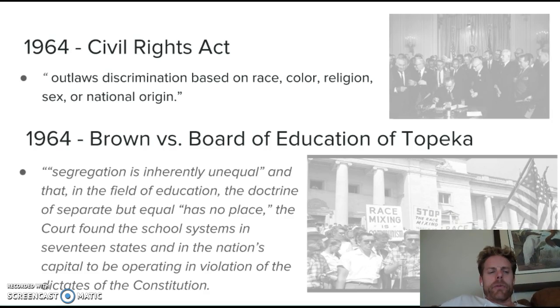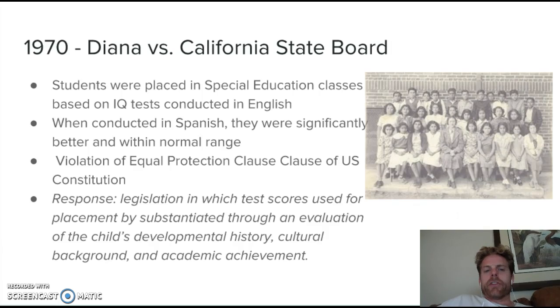The next up, and this one was actually kind of new for me, was Diana versus California State Board. And it's surprisingly early in the U.S. system of education, especially considering how relevant it is today. Basically, what happened in this was that students, mostly Chinese American and Mexican American students, were tested for special education classes in English. These were essentially IQ tests, and although we use more comprehensive tests now, that's what was used at the time.